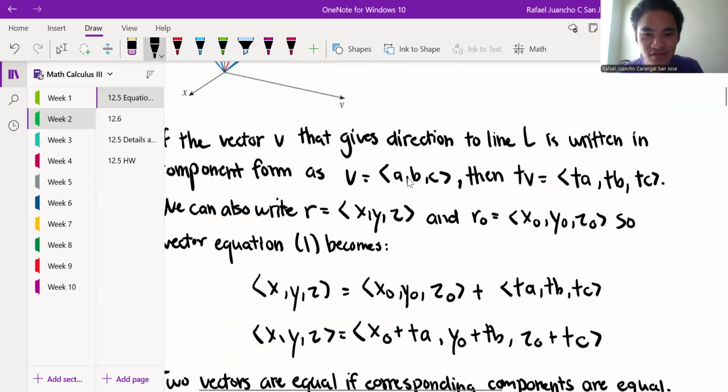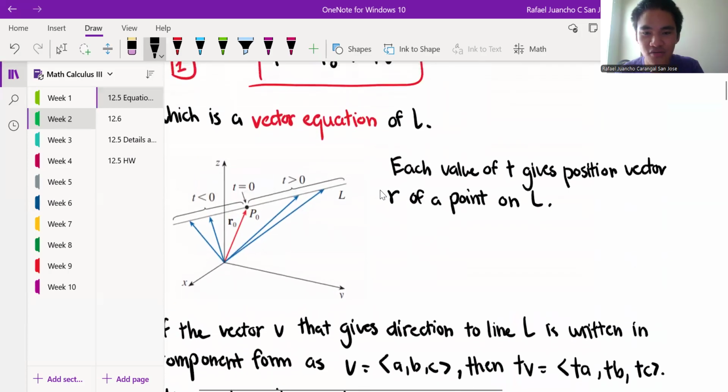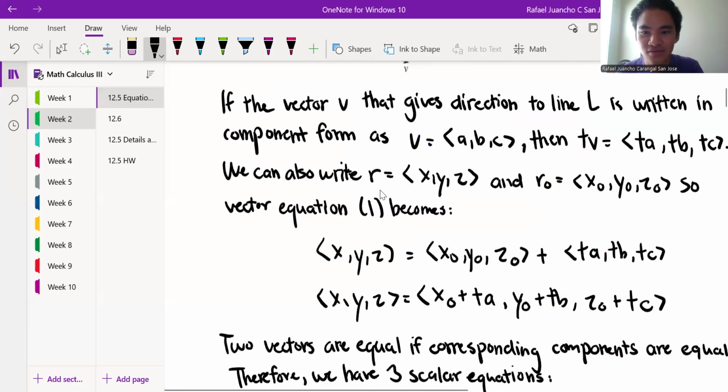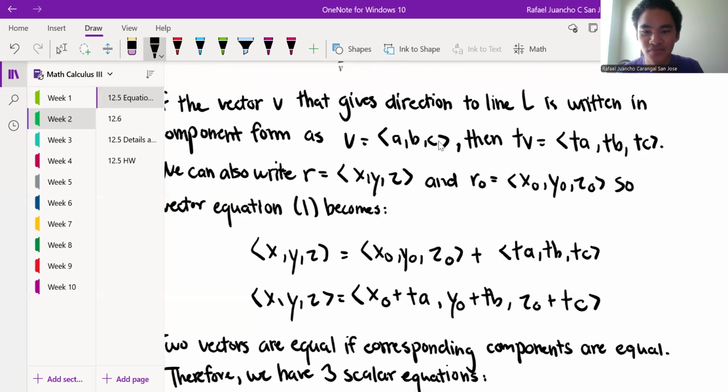Okay, I'm looking at previous notes here. Oh, we need some direction vector that has ABC. And then let's just say our parameter is t, but it doesn't really matter in this case. So yeah, we can do that. And we have these couple of formulas we can play around with.